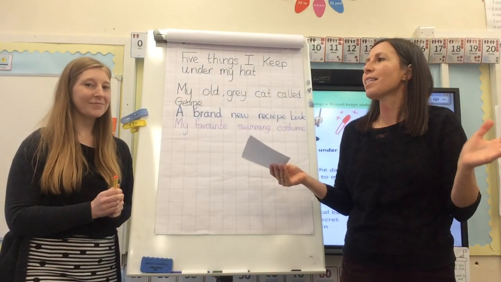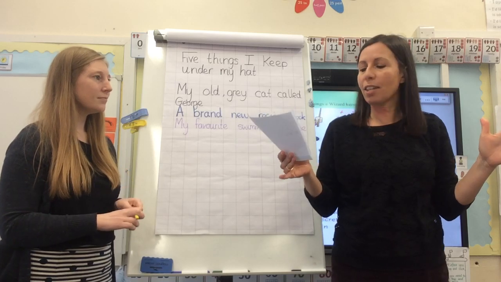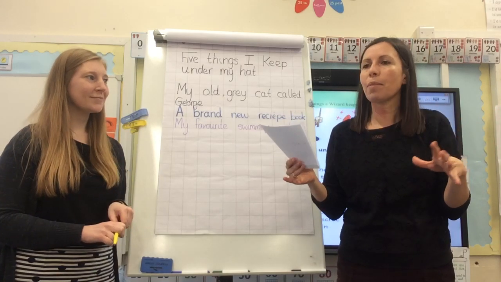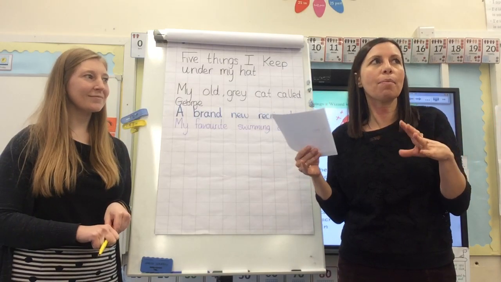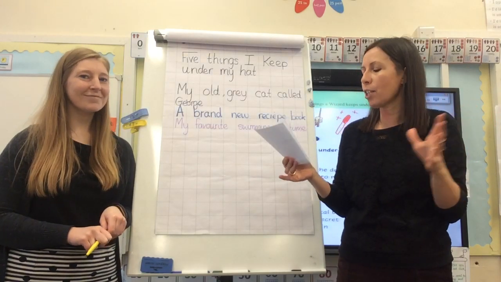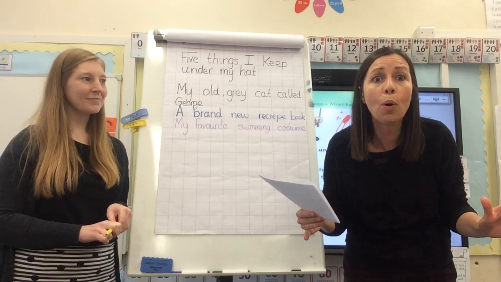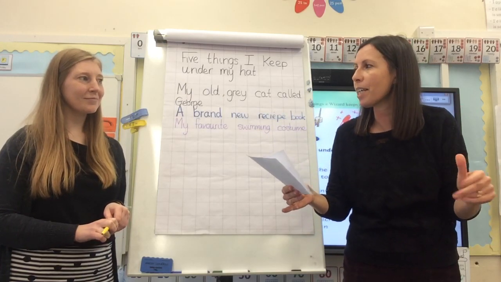Now, for this line, I sort of started to think about something magical. Something a little bit different, something where I could really use my imagination. So this line is a magical portal to a secret world.